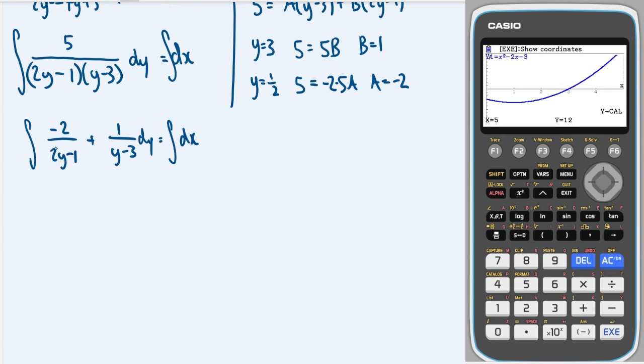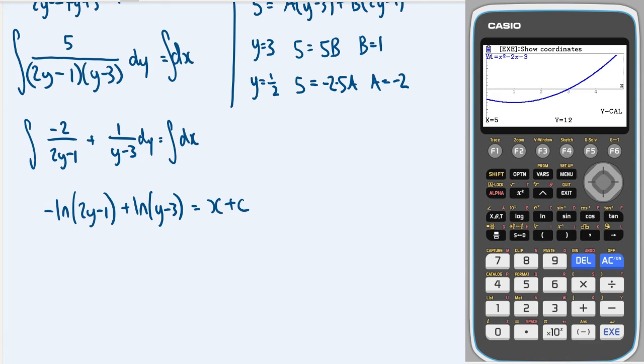Okay, so this integrates to minus ln of 2y minus 1, because the denominator's derivative is the numerator, apart from there's a minus there, so the minus goes outside. This one is a straight ln as well, because the denominator's derivative is the numerator, and dx is just 1 dx that integrates to x plus c.